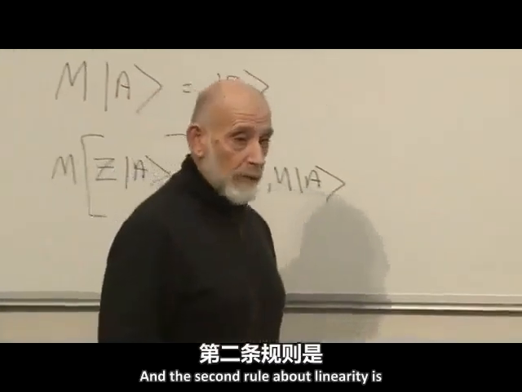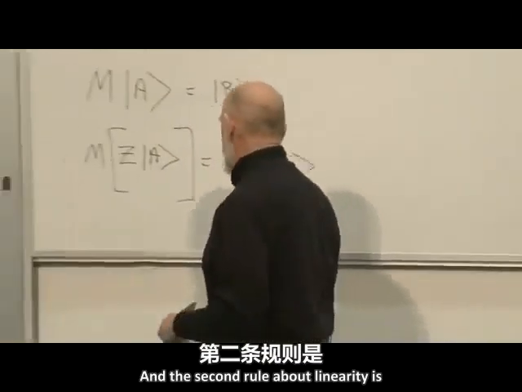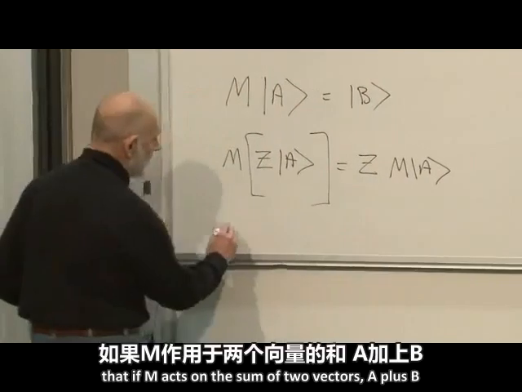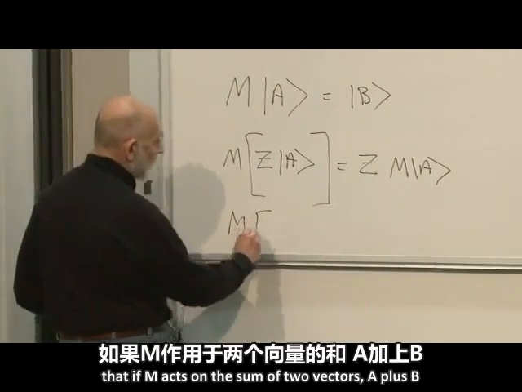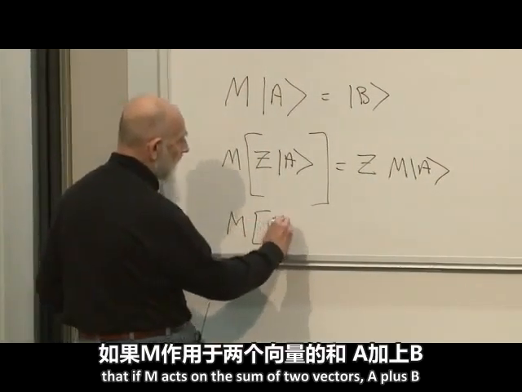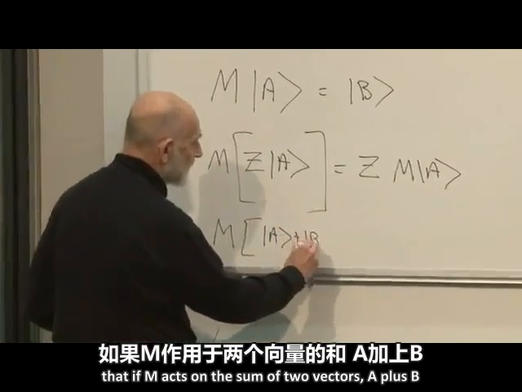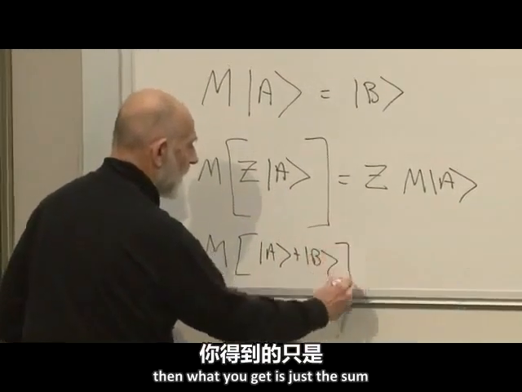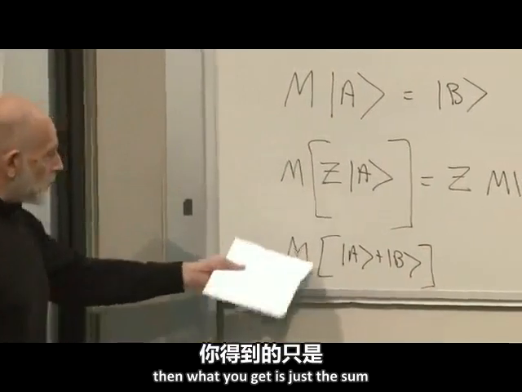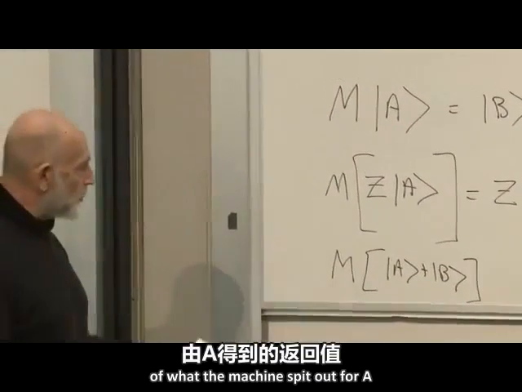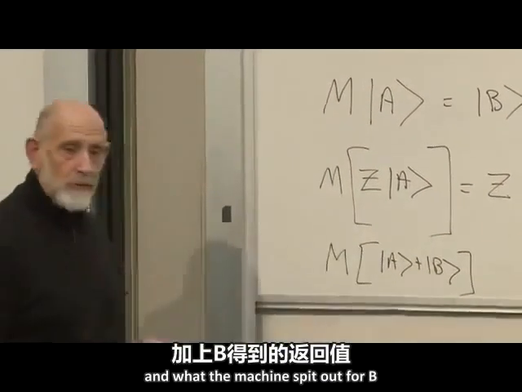And the second rule about linearity is that if M acts on the sum of 2 vectors, a plus b, then what you get is just a sum of what the machine spit out for a and what the machine spit out for b.